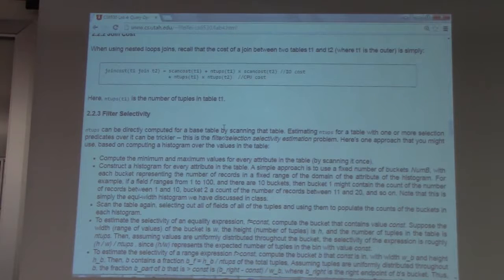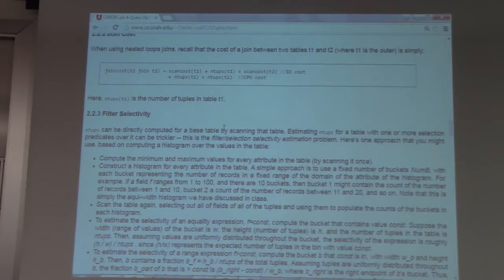In this assignment, we make it really simple for you by ignoring the fact that you may have different join algorithms for the join operator. We simplify it quite a bit. You don't have to worry about that. Rather, you only need to optimize for nested loop join. We tell you that the join operator is going to be a nested loop join, so you only need to optimize for that.